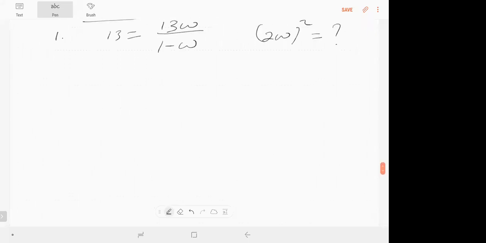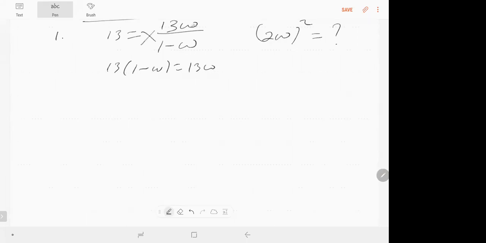Okay, let us do together. If you have a given condition, always start with the given condition. So we are given 13 is equal to 13w over 1 minus w. When we crisscross this expression, we get 13 into 1 minus w is equal to 13w.